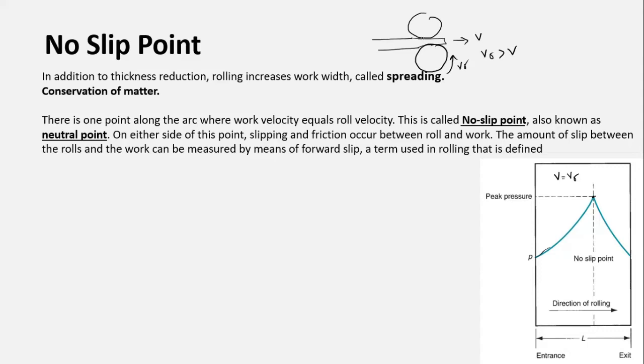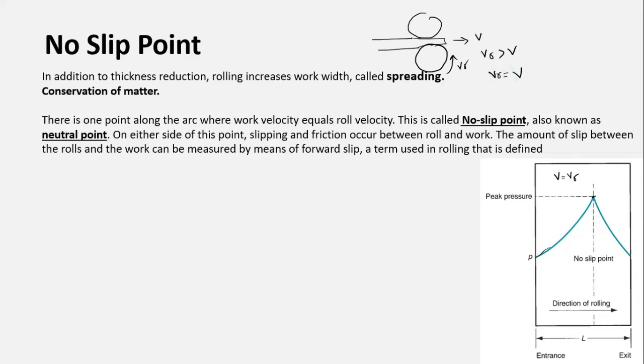So obviously there will be some slipping occurring here, and there is not a perfectly interlocked contact, so there will be some friction slipping. But at a single point there is no slipping, and that is termed the no slip point, and at that point VR becomes equal to V, right?